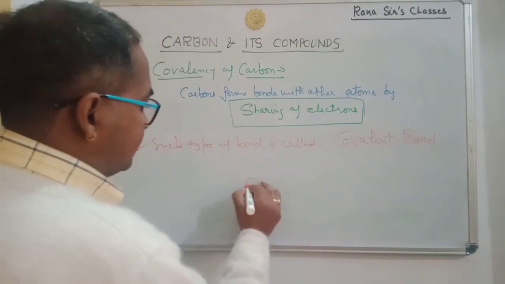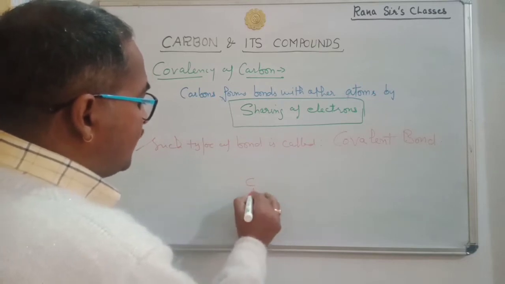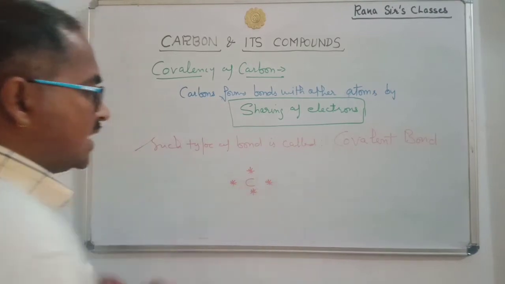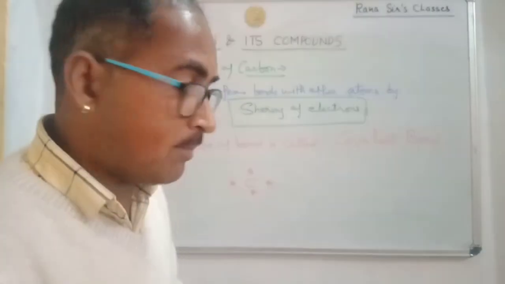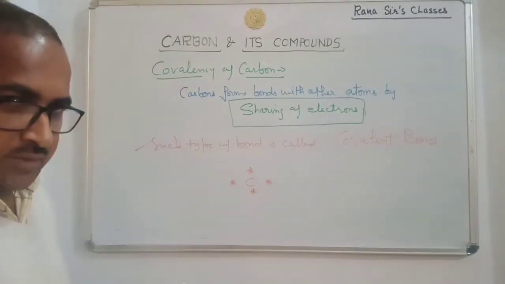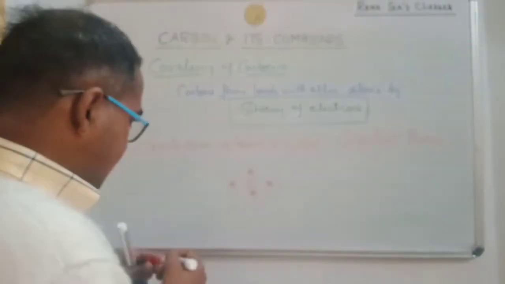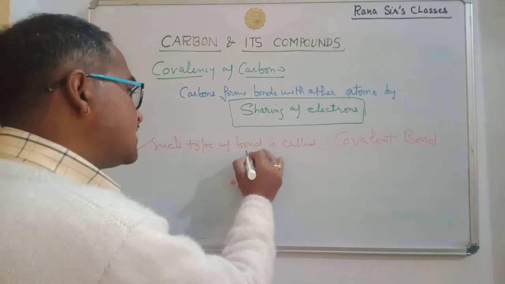For example, let us see the case of methane first. Carbon is having 4 electrons in its valence shell. It requires 4 more electrons. Hydrogen in its valence shell has 1 electron.